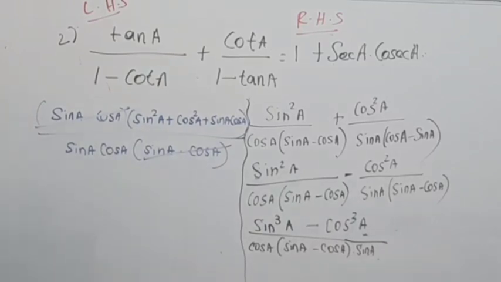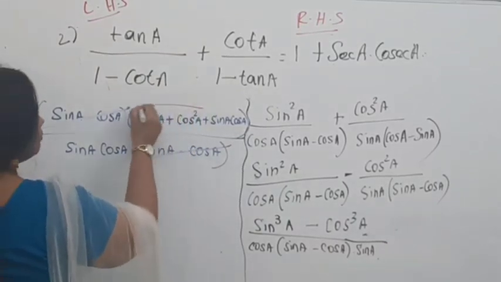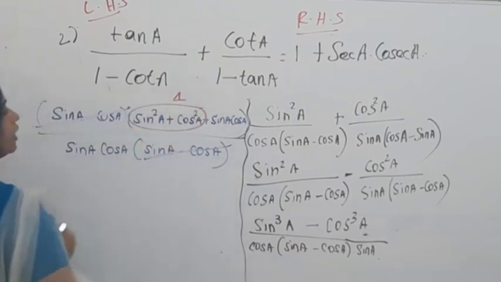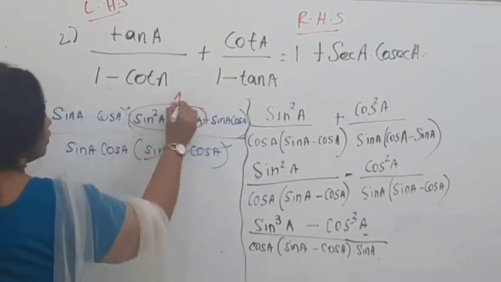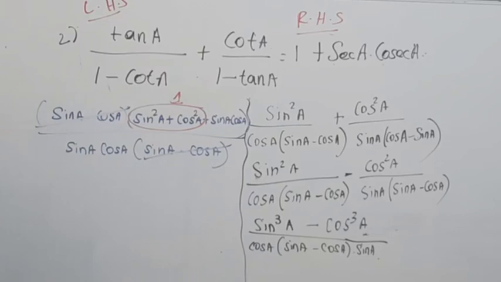And children, you must have understood the first very specific identity. This becomes 1. So sin square theta plus cos square theta is equal to 1.